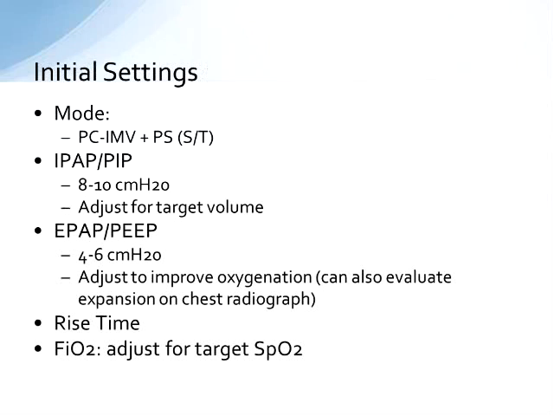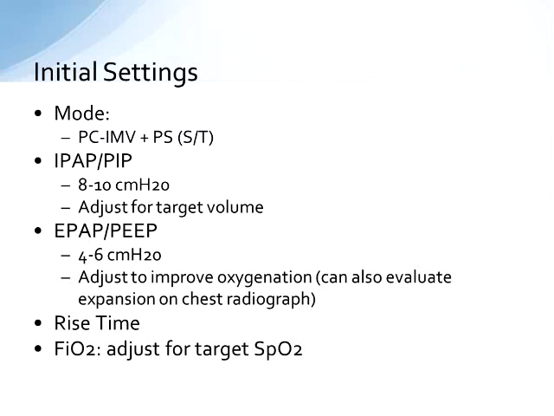A lot of people will start kind of in the middle here and will titrate for patient comfort. So, you know, slower might be more comfortable for most patients rather than being slapped in the face every breath with rapid achievement of your inspiratory pressure. And then of course FiO2 should be adjusted for target saturations.